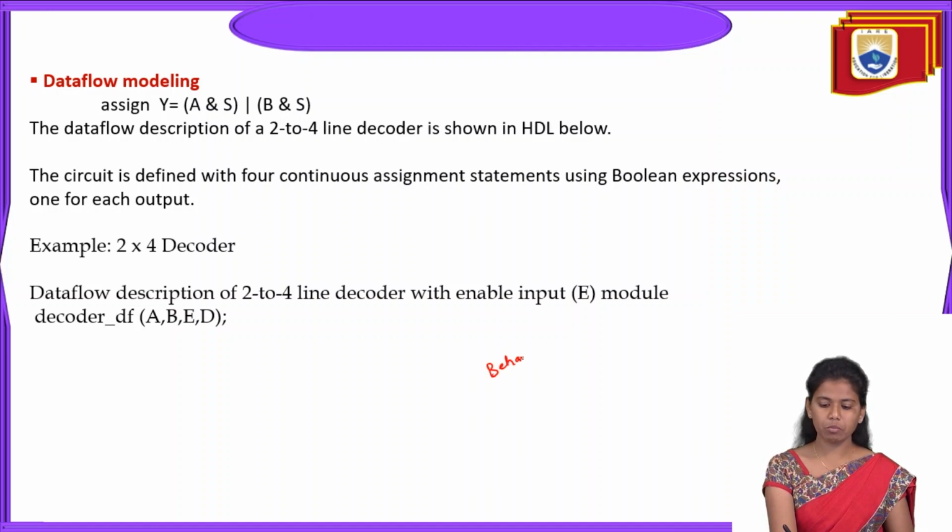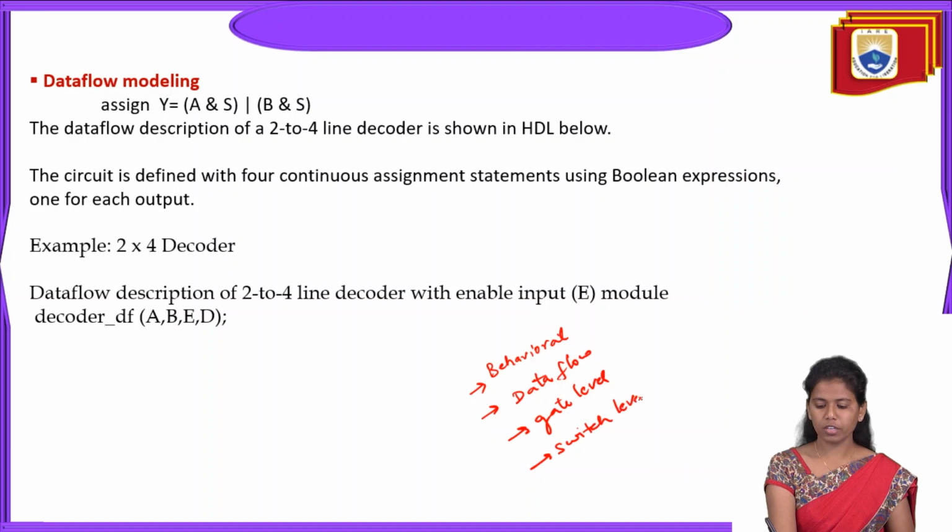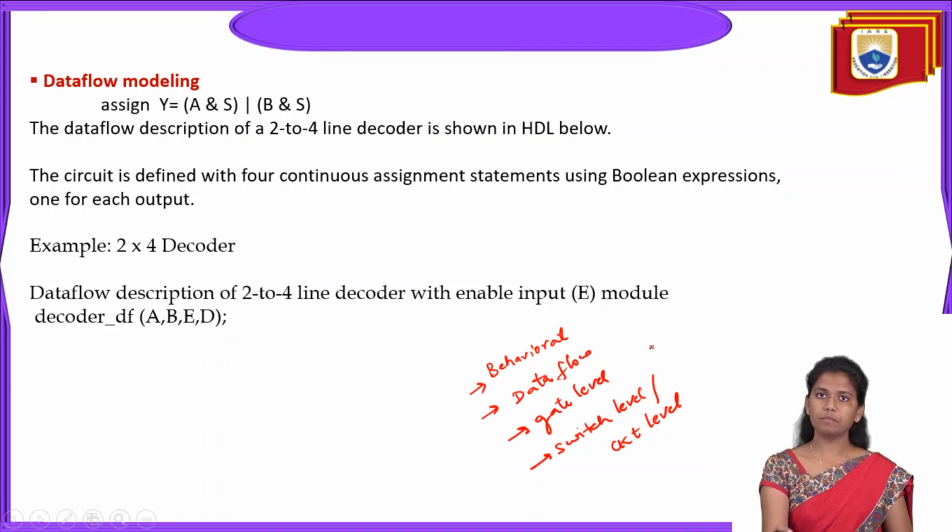The first one is behavioral modeling, the second one is data flow modeling, the third one is gate level modeling, and the fourth one is switch level or circuit level modeling. We will observe these 4 modeling styles in Verilog HDL.